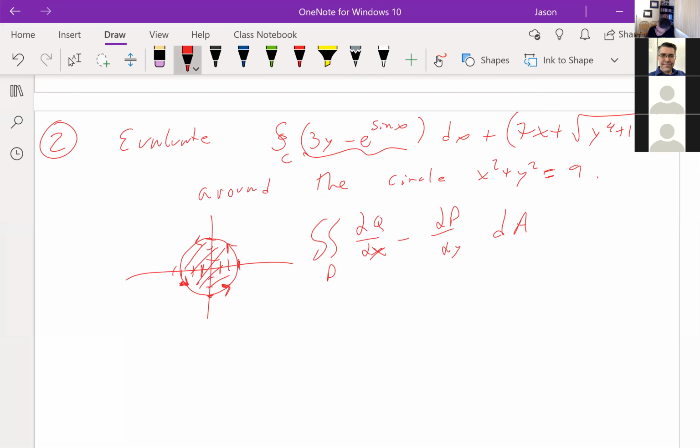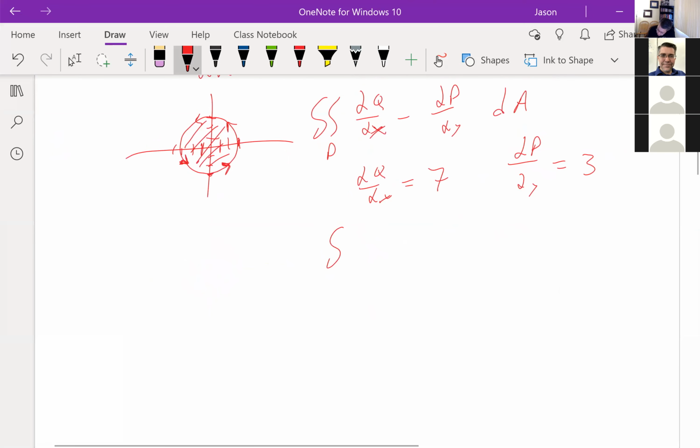Q is this thing here. So dQ/dx is the partial derivative of this with respect to x. Well, the only thing that survives is the 7. Okay, what's the partial with respect to y of P? Well, the only thing that survives with respect to y is 3.